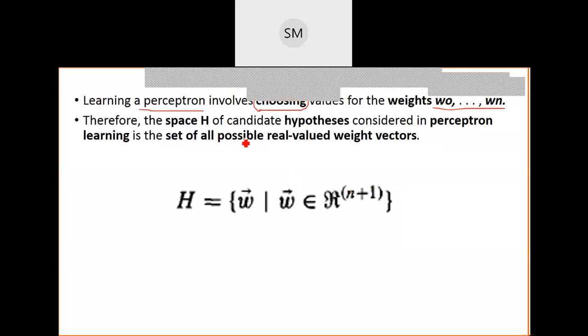Now in the second module also we considered this concept of hypothesis space, and there also we considered it as a capital H only. But inside this hypothesis space there were some hypotheses. In the second module, those hypotheses were decision trees. So in the hypothesis space, n number of decision trees were there in the previous module.